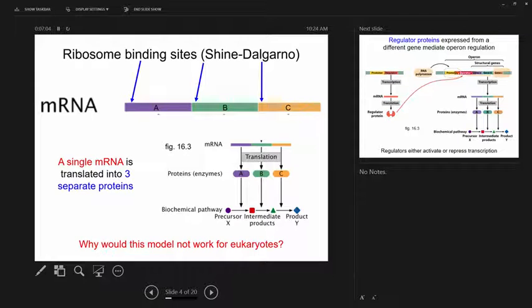In prokaryotes, there's a ribosome binding site, right? That Shine-Dalgarno sequence or ribosome binding site is recognized by the 16S ribosomal RNA in the small subunit, and that positions the small subunit exactly where it needs to go. Does anybody remember how the eukaryotic small subunit finds where to start translation?